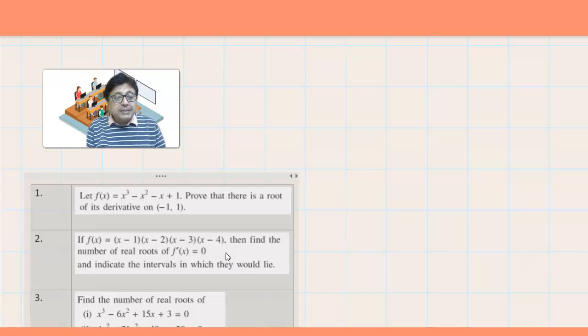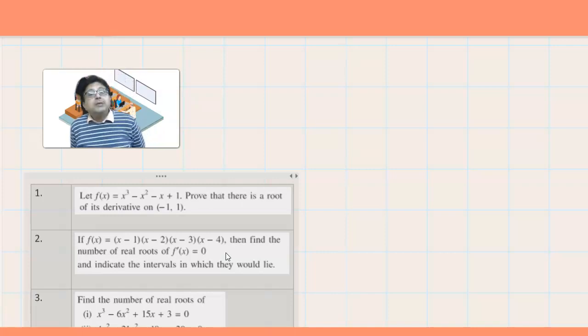If f(x) equals this, then find the number of real roots of f'(x) equal to 0. There are two ways to get it. One is just by algebraic application of Rolle's theorem, the way we did in previous sums. And another method is that we will remember that between two successive zeros of f(x), there is a root of f'(x).